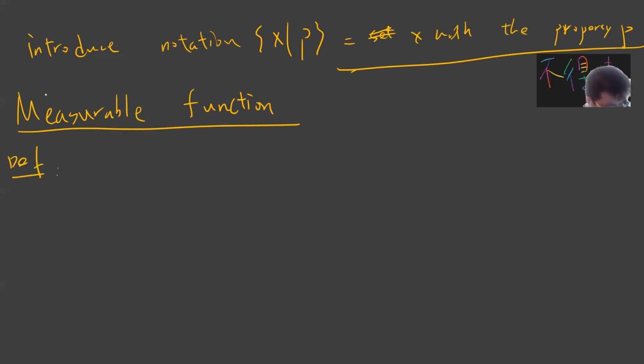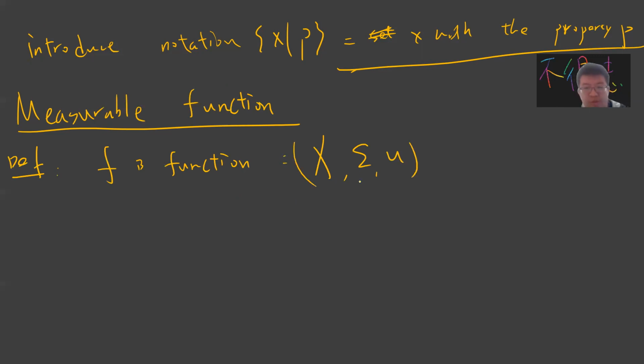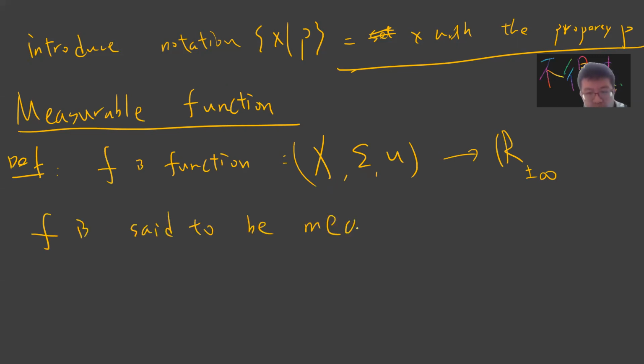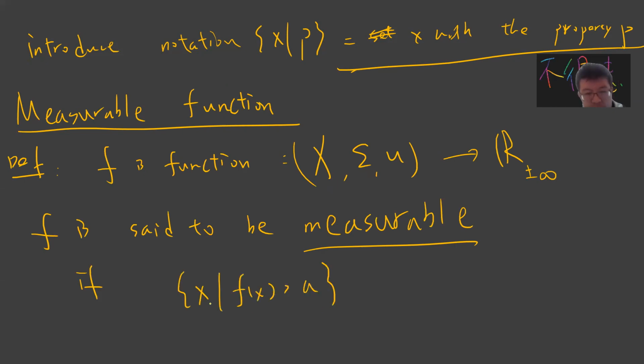Definition: let f be a function on some measurable space X. If you are not sloppy you would write the full measurable space, but usually people will just write X. So f is a function on a measurable space to the so-called extended real numbers, which can be arbitrarily infinite. f is said to be measurable if the set of x such that f(x) > a is measurable as a set, for every a.